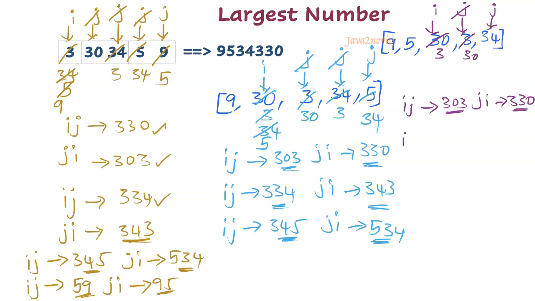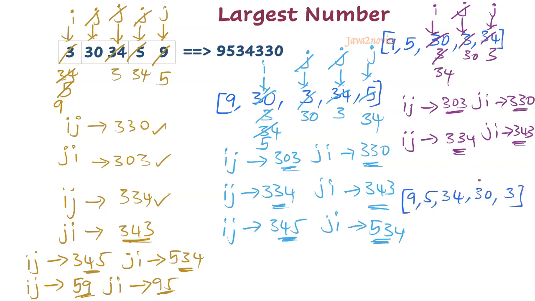In this iteration, ij will form 334, ji will form 343. Since 343 is bigger than 334, we will swap it again. So with this, 34 will be here, 3 will be here. We are again done with the inner loop iteration. We will rearrange the array.